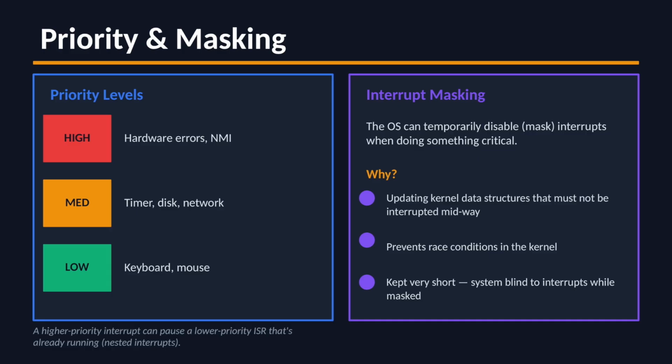The OS can also temporarily disable interrupts entirely. This is called masking. It is used when the kernel is doing something very critical that must not be interrupted midway. Masking is always kept very short because when interrupts are masked, the system is essentially blind to everything happening around it.